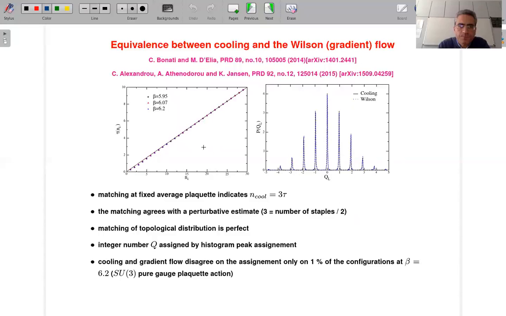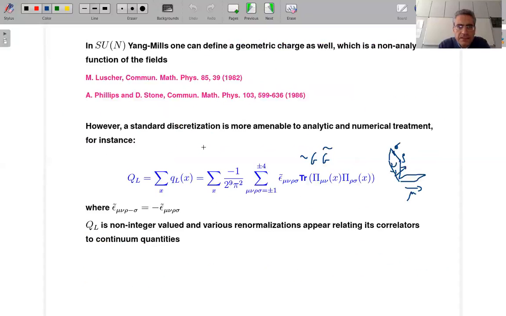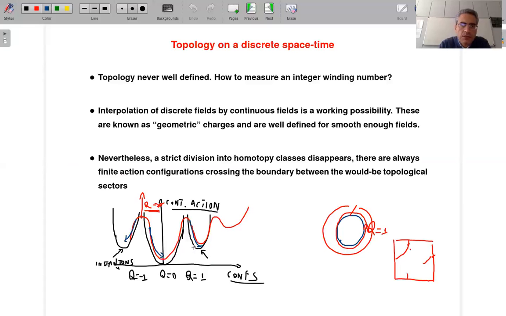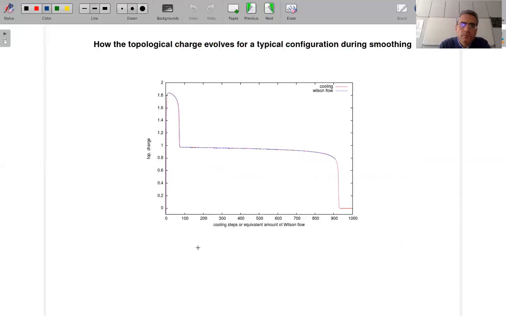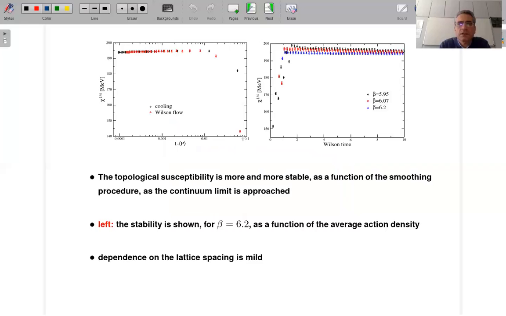You are sitting, in some sense, around one of these minima, which defines a well-defined topological background of the configuration. If you look configuration by configuration, you may have that the topological background changes after a while.